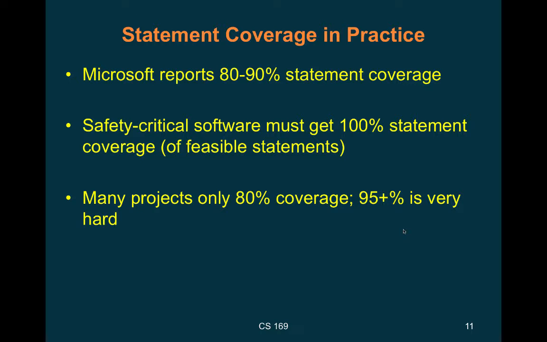One thing I want to point out is that 95% can be quite hard to accomplish in a big project. However, in my experience, if you do test-driven development, you will get to 90 plus without even measuring coverage, just naturally.